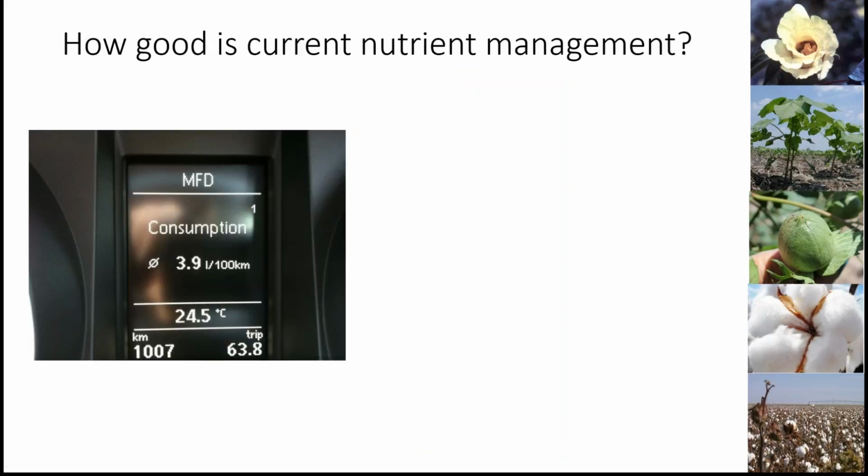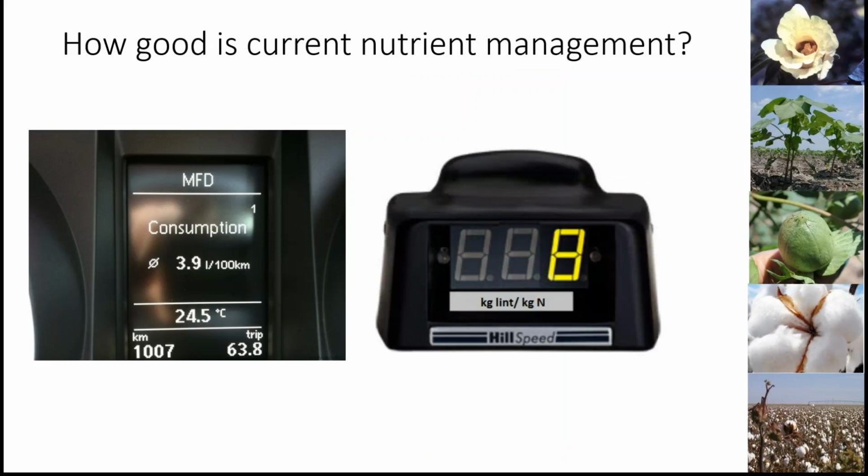So the question is, how good is current management? And I showed this diagram yesterday. It is not hard to get into a car these days and figure out what the fuel consumption efficiency is. And when you consider the amount of money that we spend on fuel in a car on a farm versus the fertiliser bill, in those 20-odd workshops I've talked to farmers over the last 18 months, I always ask the question, what is your grain nitrogen efficiency, say for wheat, or what is your nitrogen efficiency for cotton?